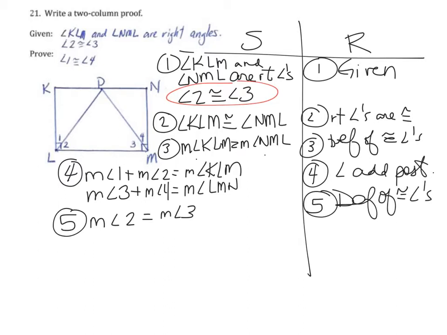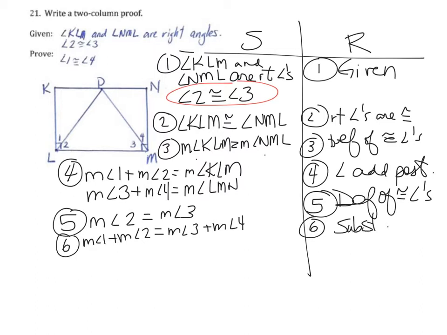Now from there, watch what I can do. Right here, I know that these two angles are equal. If these are equal, I can substitute them into each other. So in step 6, I can say the measure of angle 1 plus the measure of angle 2 is equal to the measure of angle 3 plus the measure of angle 4. And that would give me substitution.